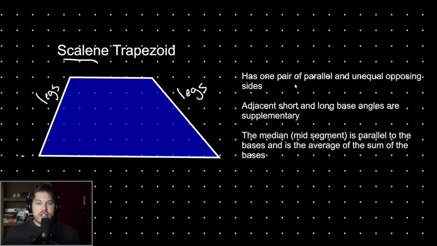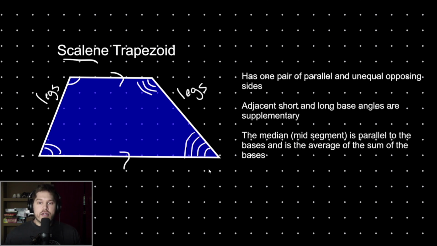So some other characteristics of a scalene trapezoid is that, again, it will have a pair of parallel lines. All trapezoids will. And the adjacent short and long base angles are supplementary. So this angle and this angle are supplementary, and this angle and this angle will be supplementary.